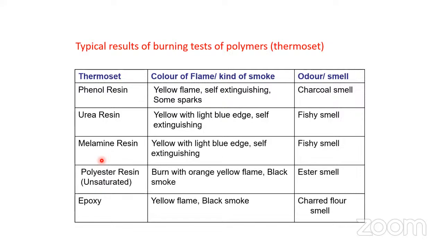If you try to burn phenol formaldehyde plastic, it will try to extinguish the flame, meaning it will minimize or stop the flame, which is the self extinguishing property. The smell is a charcoal type of smell.